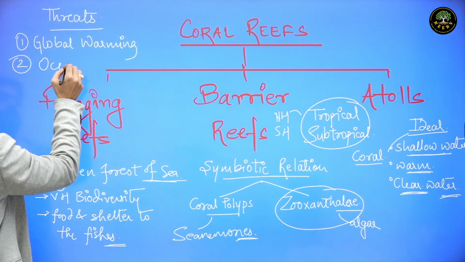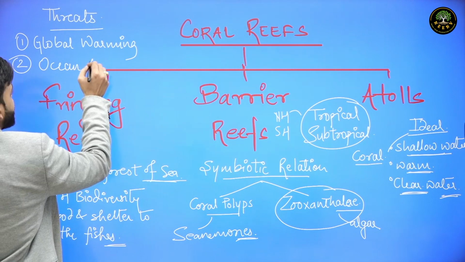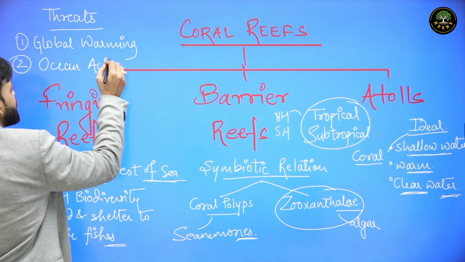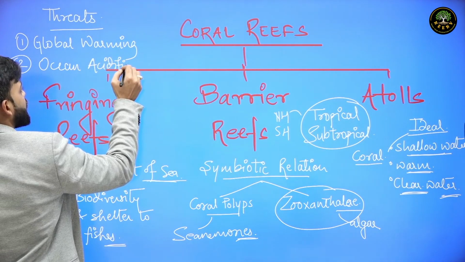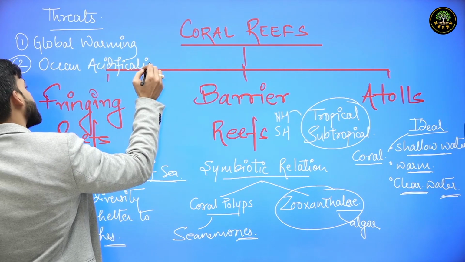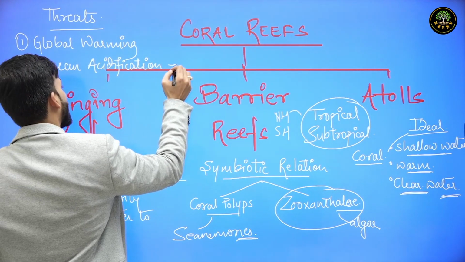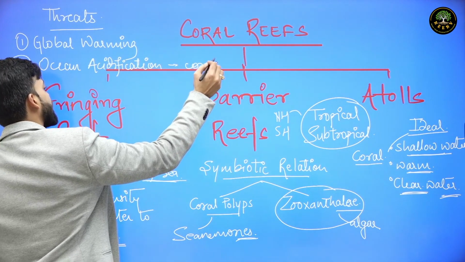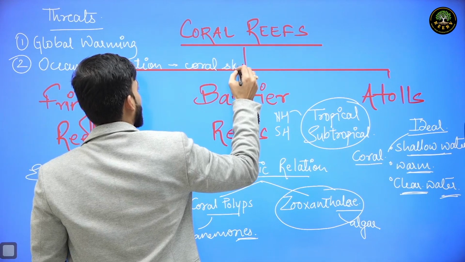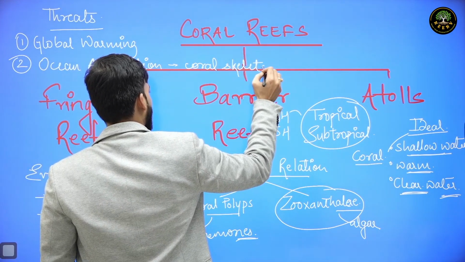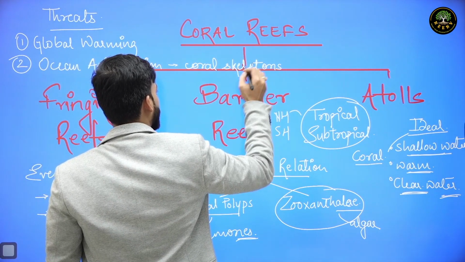Then ocean acidification is also one of the factors, as because of ocean acidification, coral skeletons become weak.